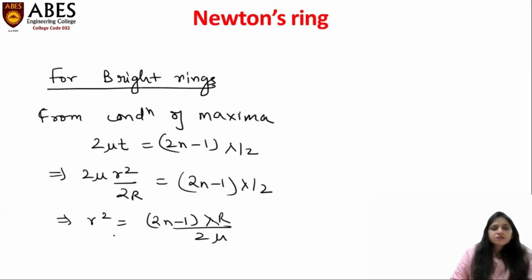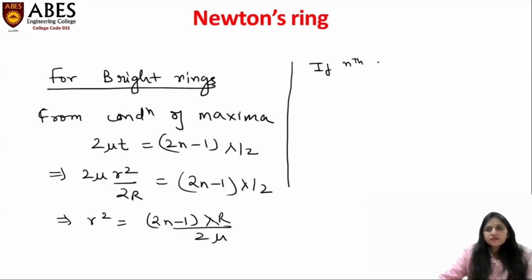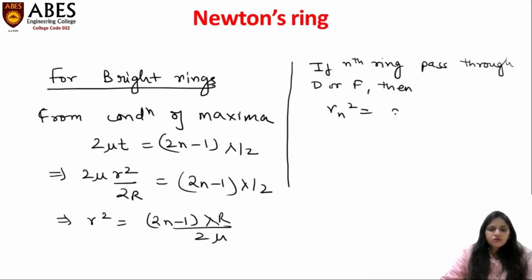So I can put a suffix on this R: if the nth ring passes through, then Rn square is equal to 2n minus 1 lambda R upon 2 mu.